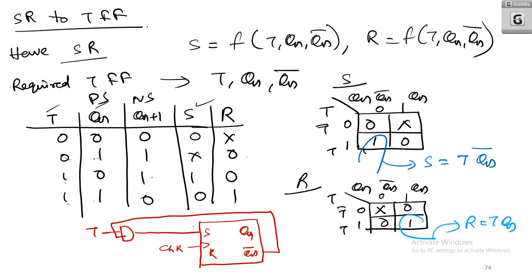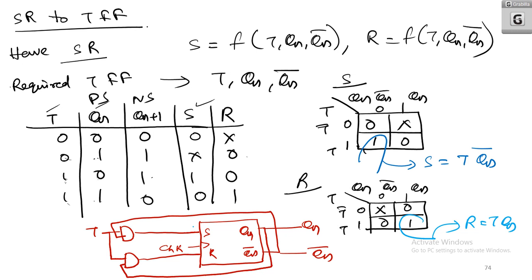R is equal to T Qn, so I have another AND gate. T is there and Qn is coming back, and that is R. And we are taking Qn and Qn bar out. So here we have a combinational circuit, and this is the actual flip-flop.